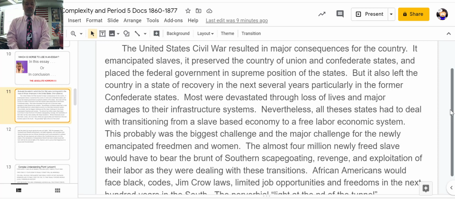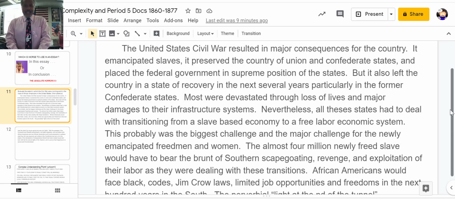Most were devastated through loss of lives and major damage to their infrastructure systems. Not every state received the same destruction of their railroad, transportation, and communication systems, but many states in the Deep South did. States like Arkansas and Texas did not suffer as much damage as South Carolina, Tennessee, Mississippi, or Alabama. All right?